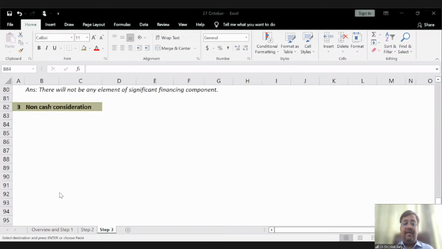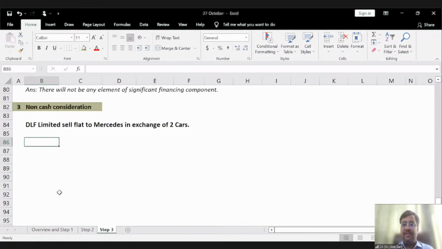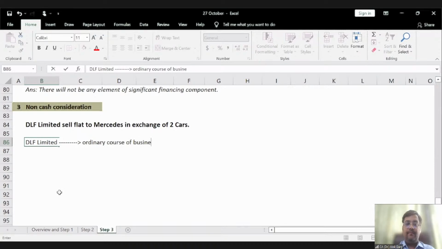For example, DLF Limited sells flats to Mercedes in exchange for 2 cars. DLF Limited is into the construction business. What is the ordinary course of business for DLF Limited? The ordinary course of business is to sell flats. And what is the ordinary course of business for Mercedes Benz?